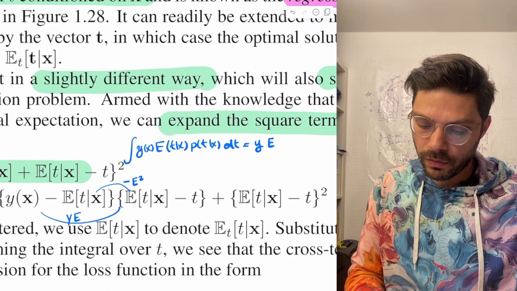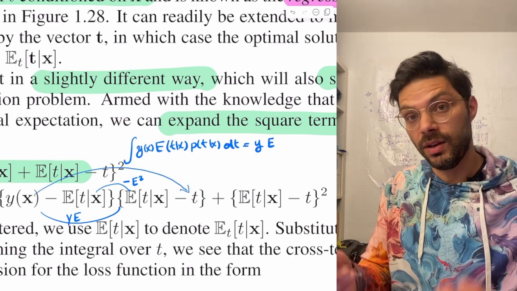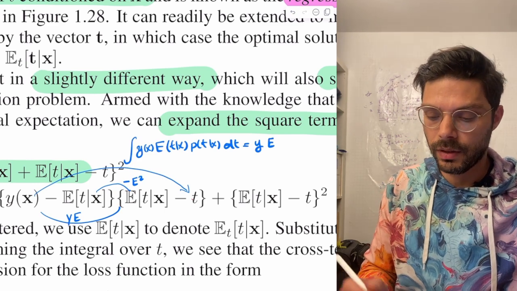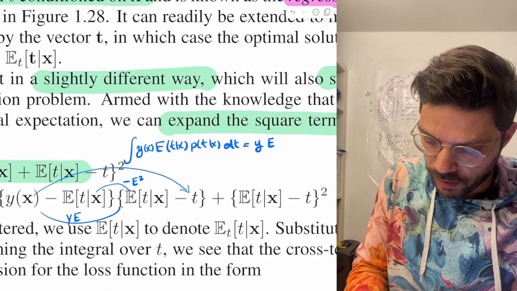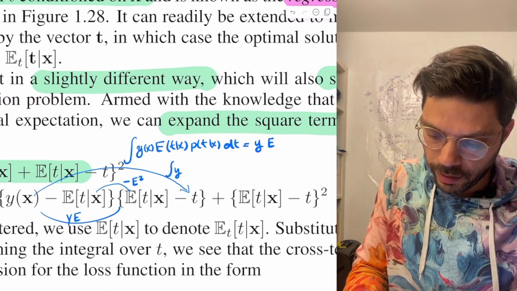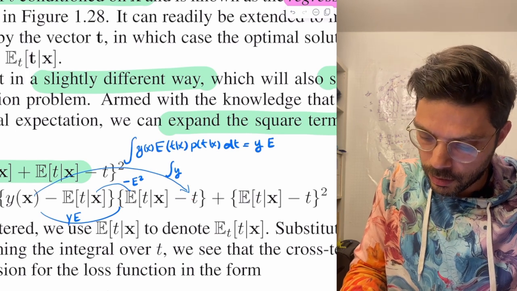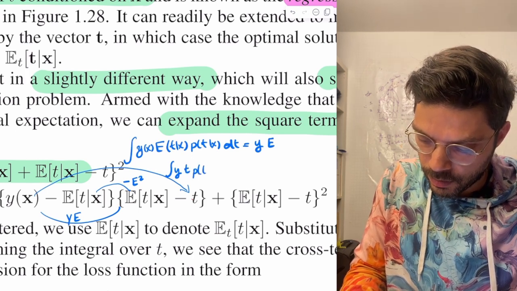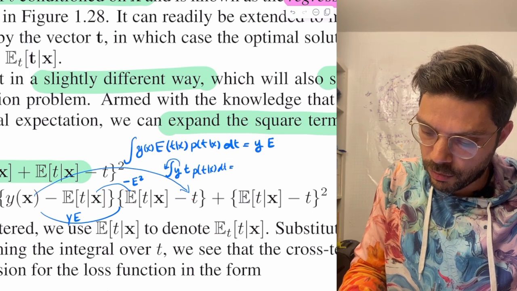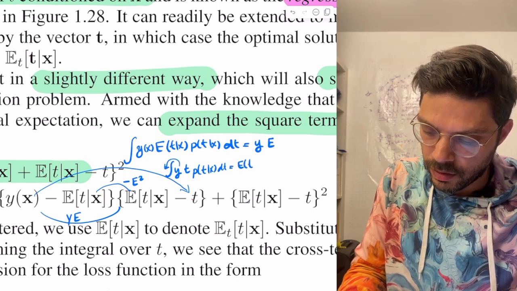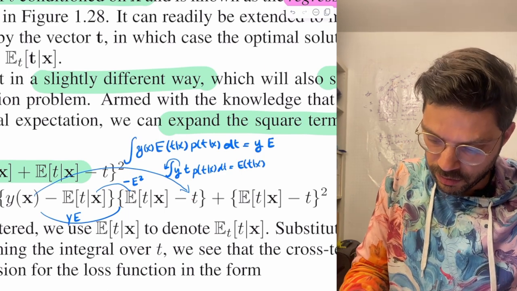Now what about y and minus t? So now that is of course a function of t. So that's going to actually contribute something meaningful. So let's do that. So that's going to be y of x times t p of t given x dt. The y goes on the outside, and we can just write this as E of t given x times y.